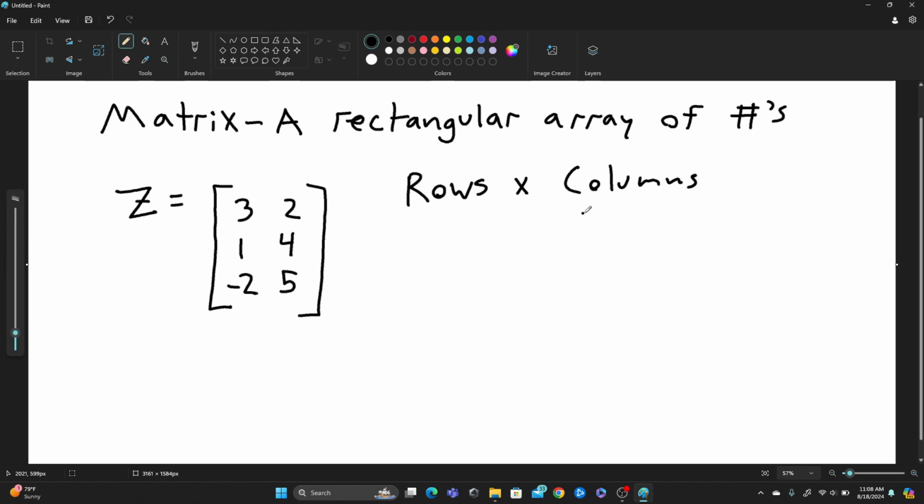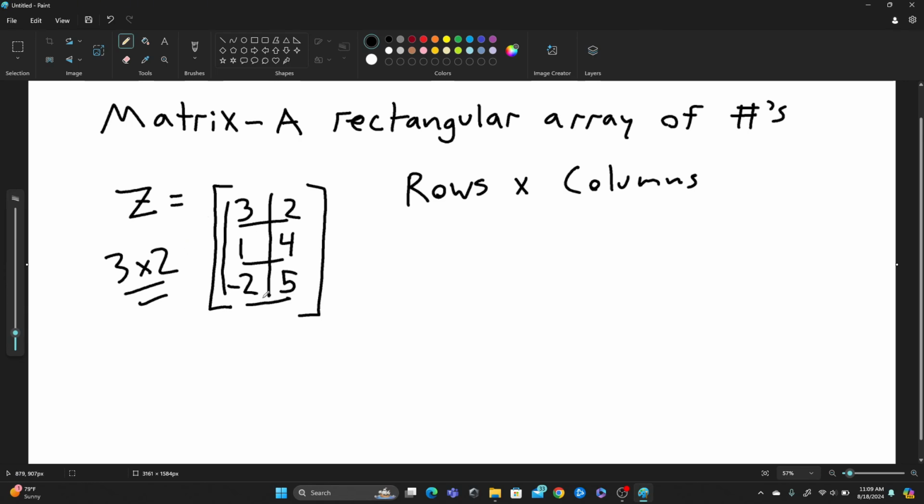So the reason that matrix Z is a 3 by 2 matrix is because it has 1, 2, 3 rows and 1, 2 columns. So it's a 3 by 2 matrix.